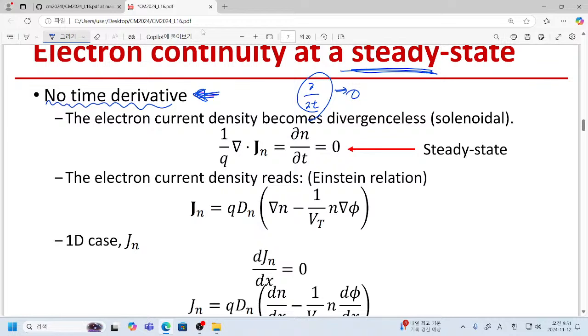But think about this electron system. This electron system is so quick that within nanoseconds or picoseconds, it always finds its steady state behavior. For example, previously you applied just 0 volt to your transistor. Well, that was a certain system.